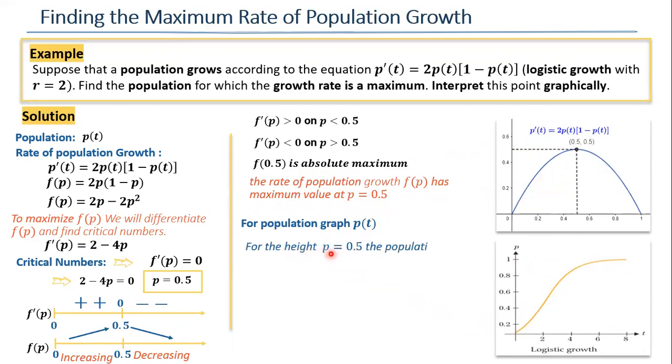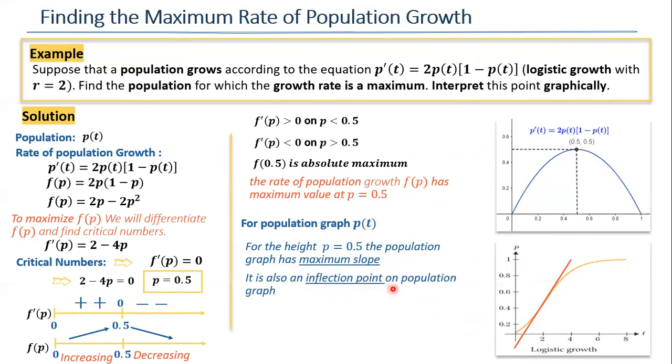At the height P equals 0.5, the population growth has maximum slope. Maximum slope, like this. This is the tangent, okay. This point is also an inflection point on the population graph, because f of P is the first derivative.